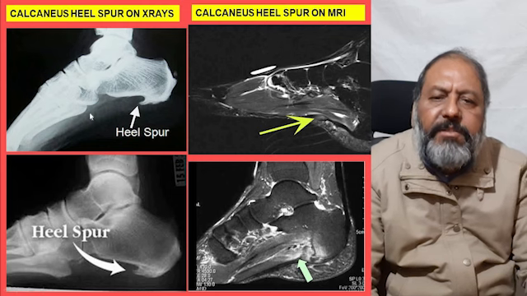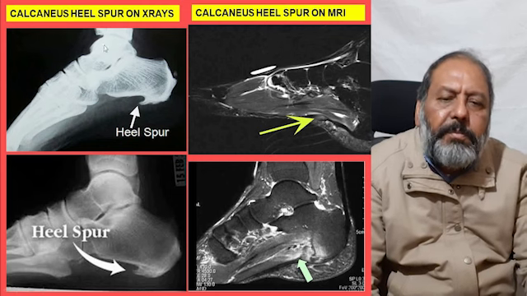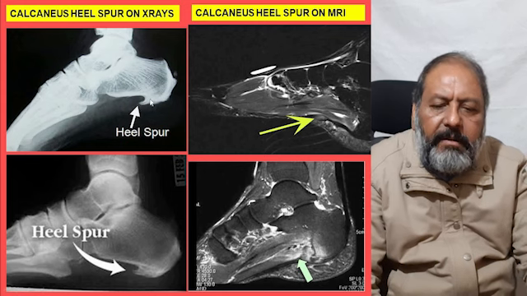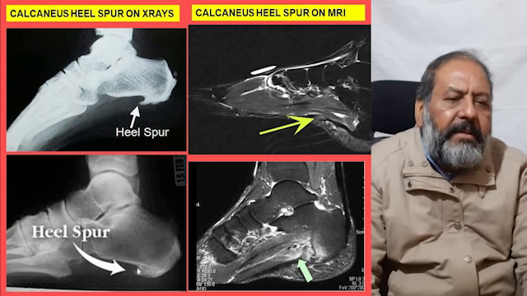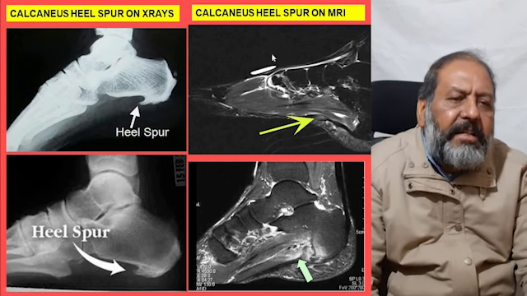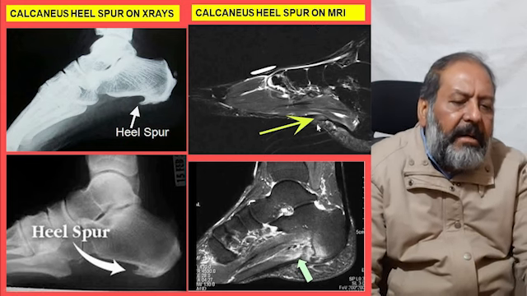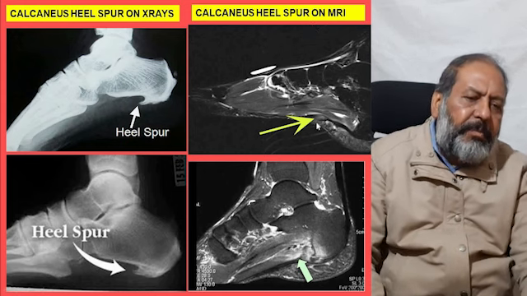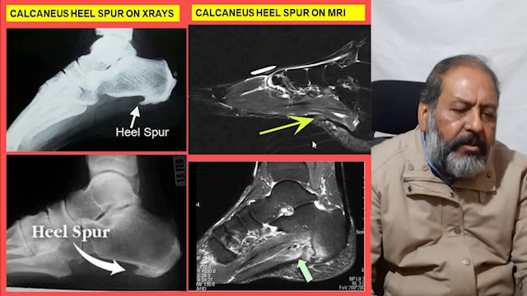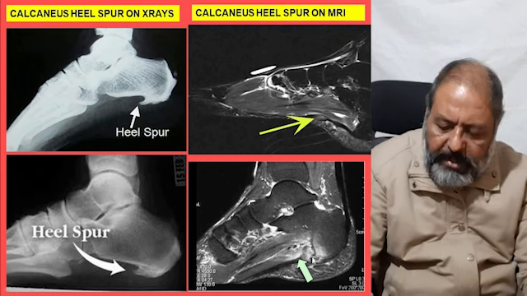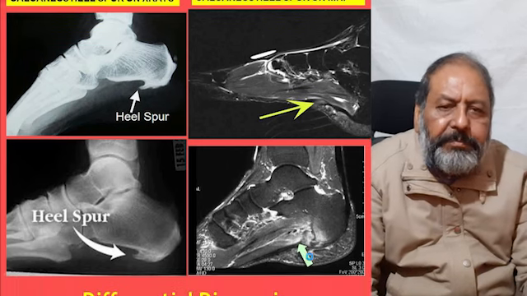So here one can see the calcaneus spur on the X-rays, the bony projection, and here is also the calcaneus heel spur on MRI. One can see the heel spur, the bony projection, and here also one can see the bony projection coming out from the calcaneus bone.